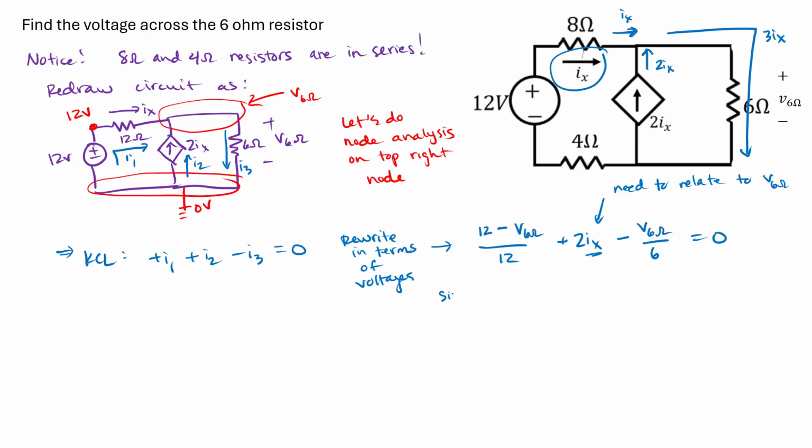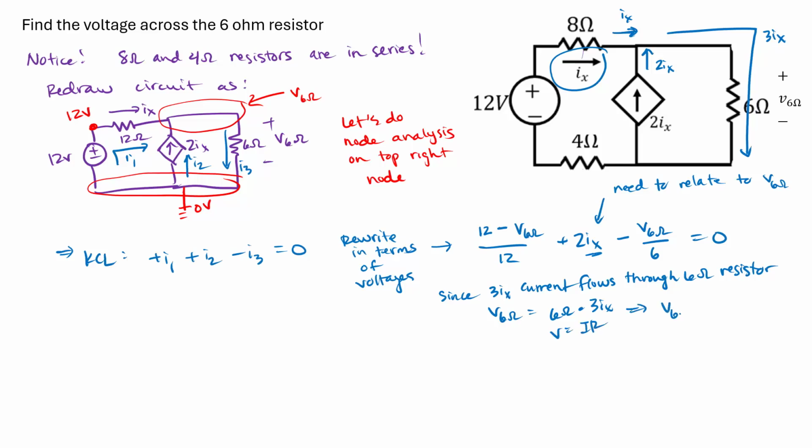So since we have 3Ix current flowing through our 6 ohm resistor, we can say that V6 ohms is also equal to 6 ohms times 3Ix by Ohm's law.